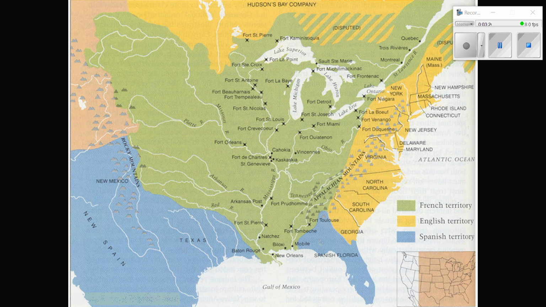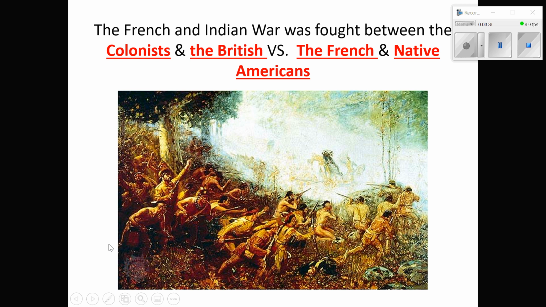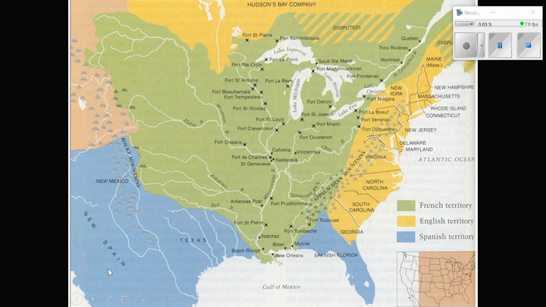When we were studying those early European explorers, we talked about Ponce de Leon and other Spanish explorers who all came looking for gold and new resources for Spain. This is where they landed, and they claimed this land in the name of Spain.